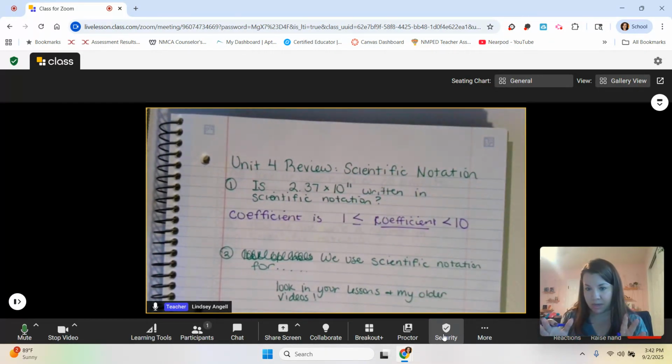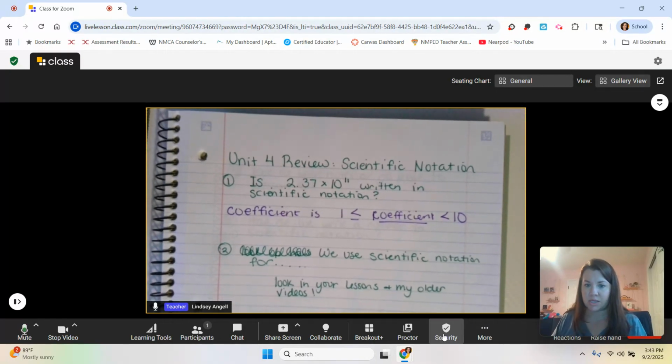So it has to be between 1 and 10. It can't be 10. It has to be less than that, but it's got to be right in between. So there's got to be something in that 1's place value and with any decimals following.